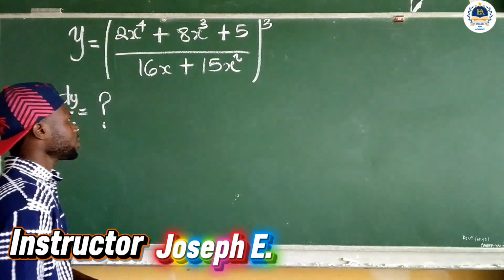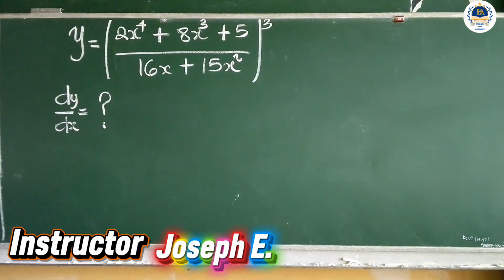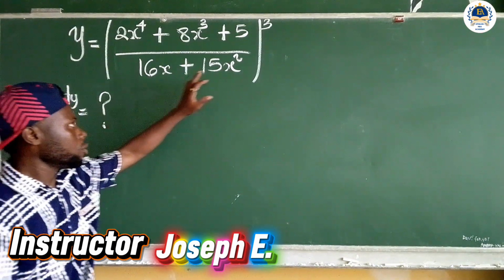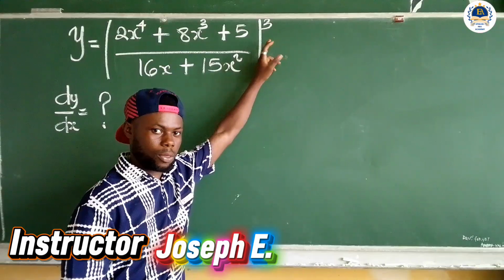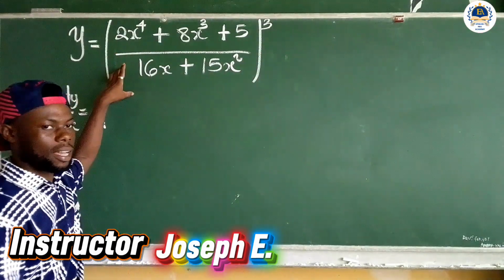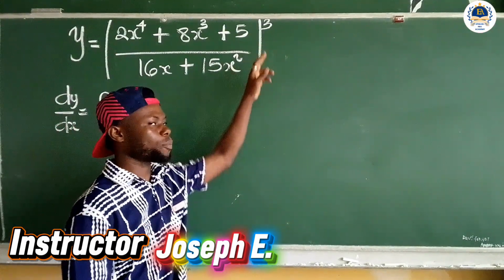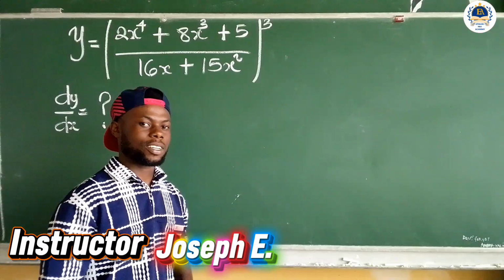Very simple. Now the first stage is that we are going to use this power 3 to multiply with this bracket and remove 1 from the power. That is the first stage.